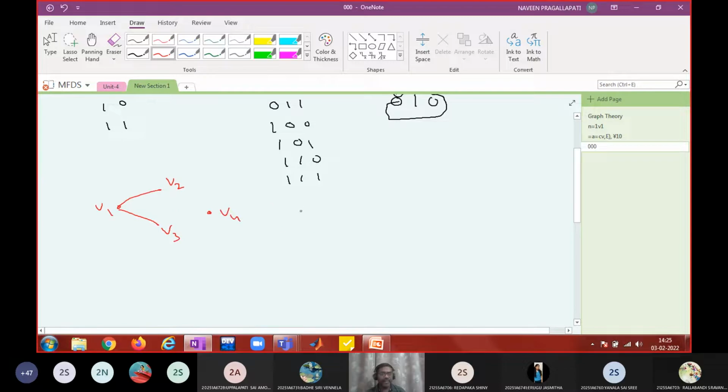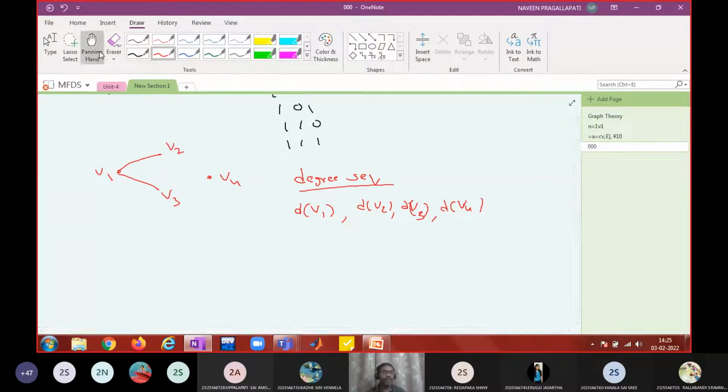Degree sequence means writing degree of V1, degree of V2, degree of V3, and degree of V4. Degree of V1 is 2, degree of V2 is 1, degree of V3 is 1, degree of V4 is 0. So this is called the degree sequence of the graph.